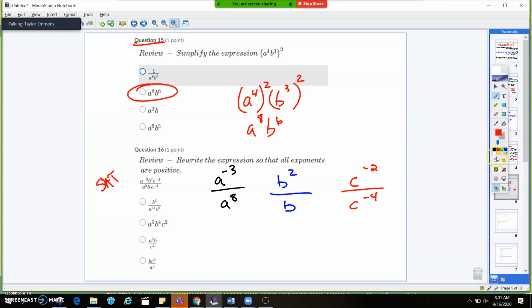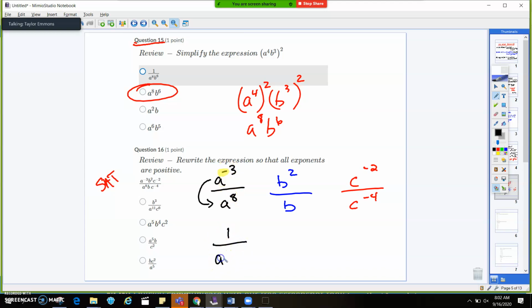So the first thing I'm going to notice is that there's this negative chilling out here in this exponent. Okay, we know that if there's a negative, we're going to flip the fraction. Now, we're not going to flip everything, we're just going to move this a to the third down to the bottom, which means all that's going to be left in the top is this 1.